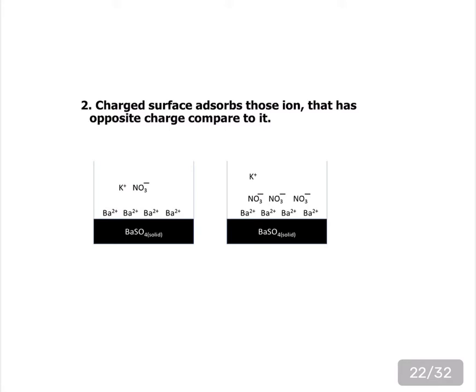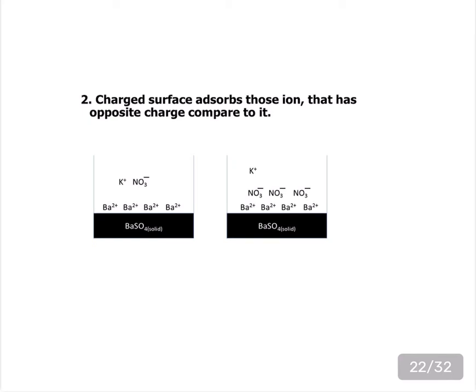So let's continue to discuss our previous example. There was barium sulfate in solid state and above it was a mix of two salts, barium nitrate and potassium nitrate. We said that the barium ion was adsorbed first, and as a result, the solid surface becomes positively charged because barium has a positive charge.